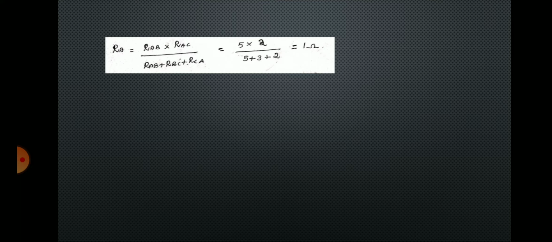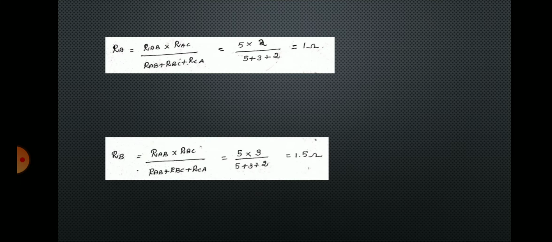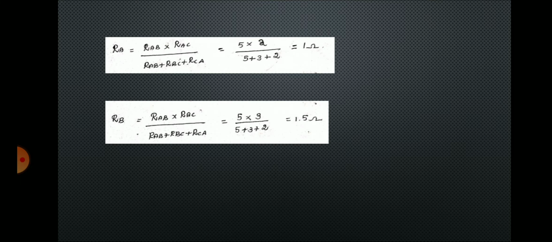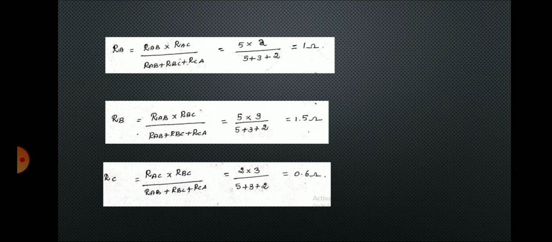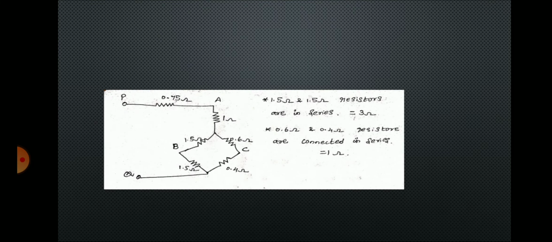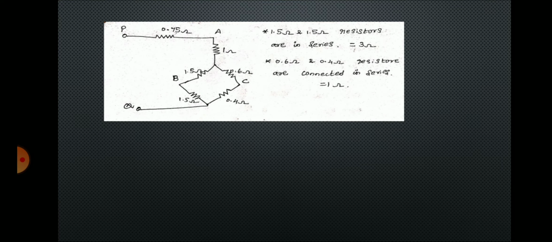Substituting the values, we get the answer 1 ohm, RB equal to 1.5 ohm, RC is equal to 0.6 ohm. So we replace the delta with the star in the diagram. The diagram is like that.